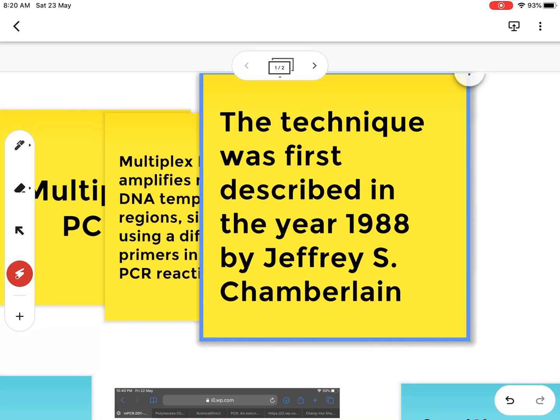Multiple deletions of the dystrophin gene were detected by using various sets of primers. Now scientists use multiplex PCR in virology, microbial genetics and single gene disorder studies. It also has the potential for parental screening of various genetic disorders.